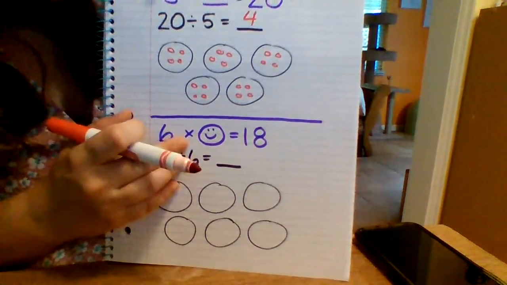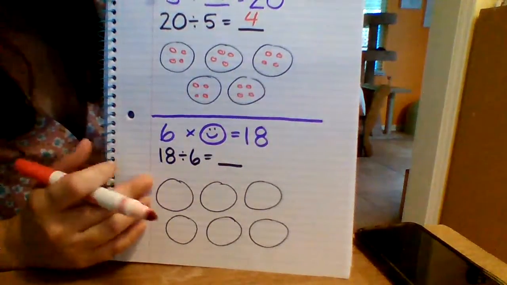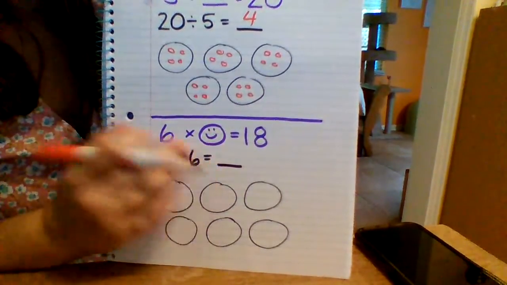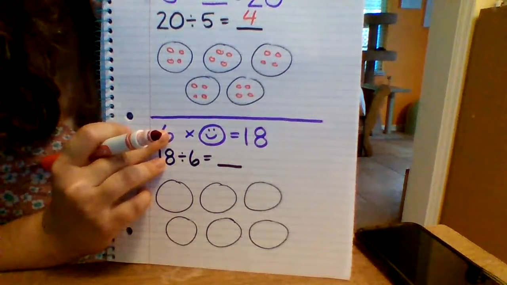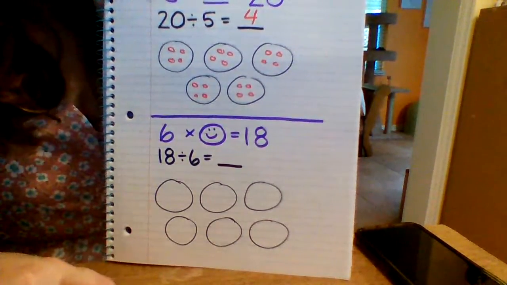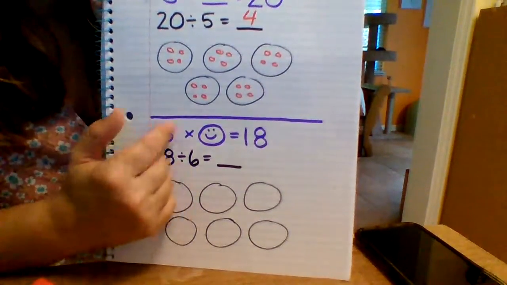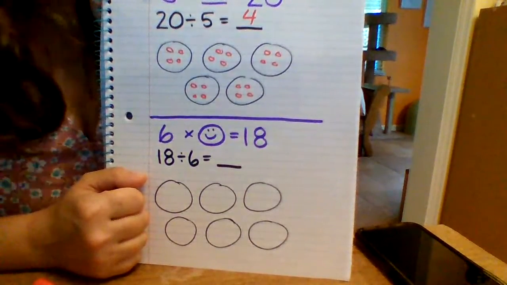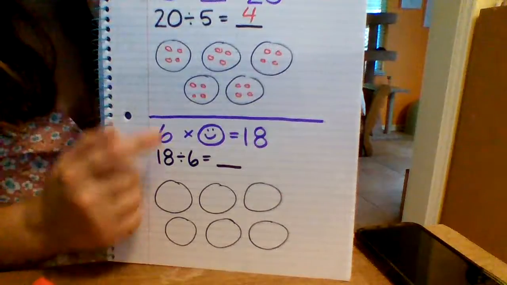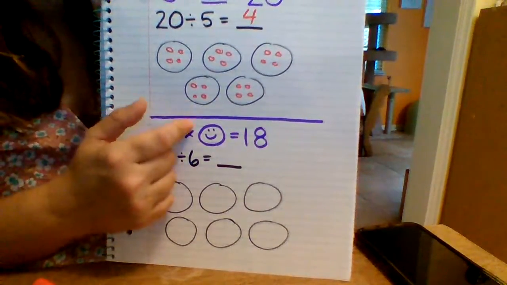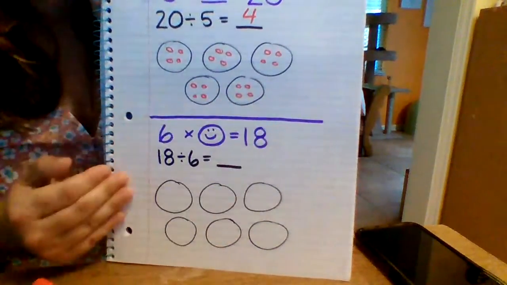So we have 6 times something equals 18, and we want to find that missing something. We could count by sixes if we know how. We could use repeated addition and see how many times you have to add 6 to get 18. We can use arrays, or we could use a fact we know.